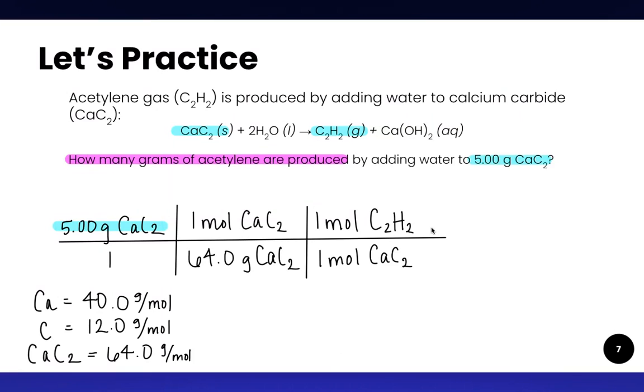Okay, so now we have the right substance as our final unit, but they don't want to know how many moles, they want to know how many grams are produced. So we'll need to add one more step to our calculation.